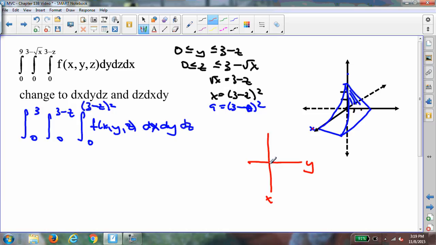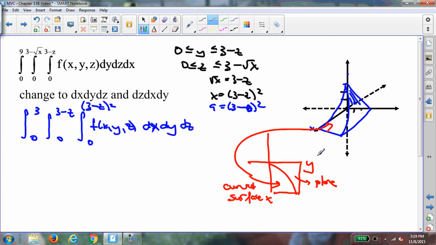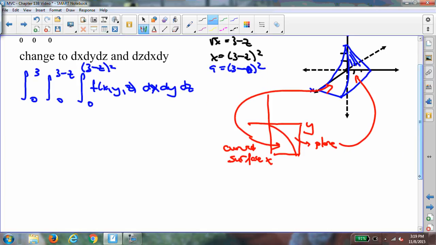So if we stare straight down, we're going to see this piece right here, which is being defined by the curved surface. And this piece here is being defined by the plane. So the curved surface I'm talking about is this one, and the plane I'm talking about is this one. So consequently, if I do this dz, dx, dy, I'm going to have to write it in two pieces.